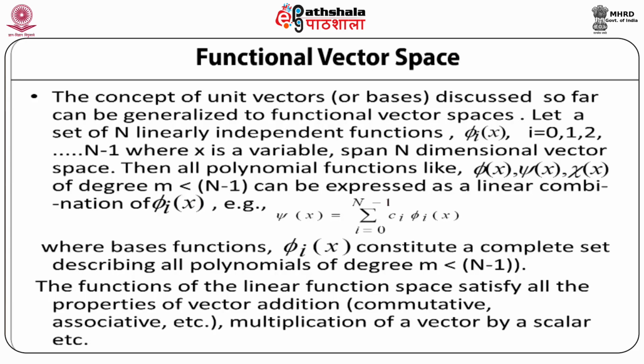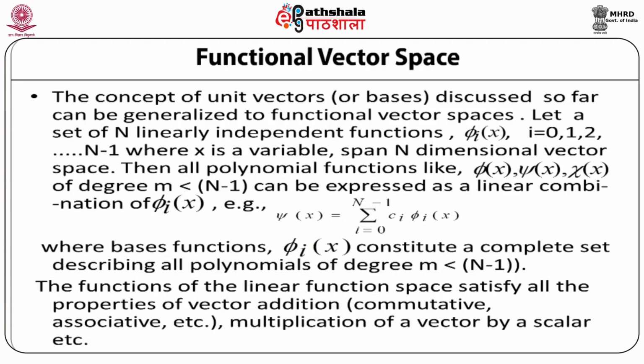Let us consider two functions phi(x) and psi(x), and let us define a scalar alpha. Then alpha times (phi(x) plus psi(x)) is equal to alpha times phi(x) plus alpha times psi(x). The scalar multiplication is also associative.